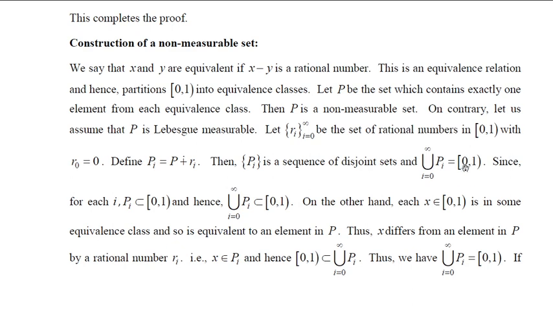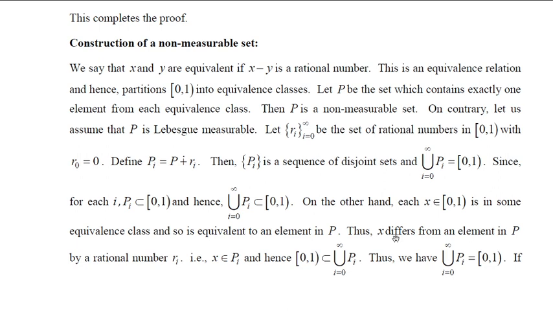Suppose X is present in this half closed half open interval. We knew that all the values of the half closed half open interval [0, 1) are present in some equivalence classes. Therefore X is also present in some equivalence class, and so it is an equivalent element in P because P contains exactly one element from each equivalence class.